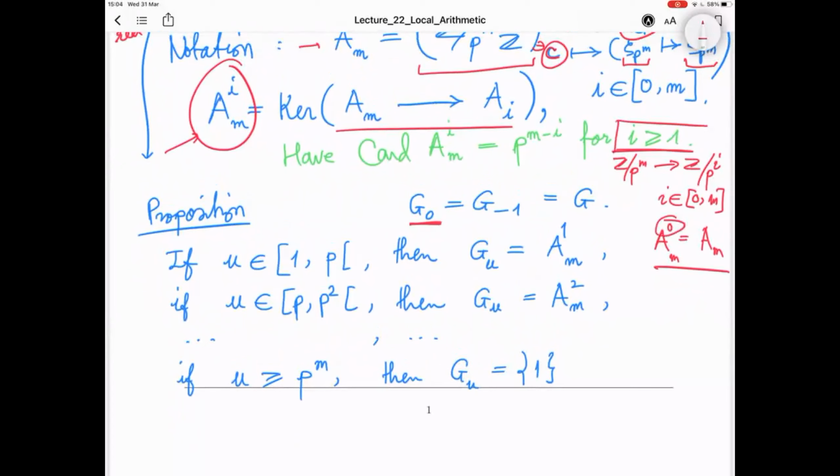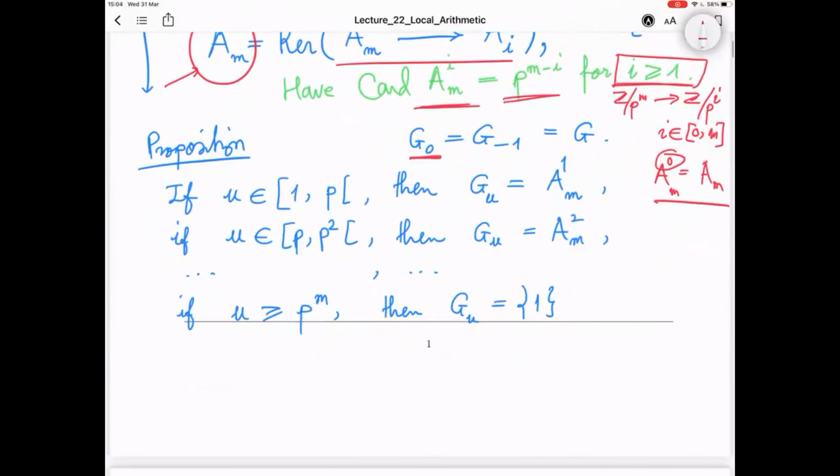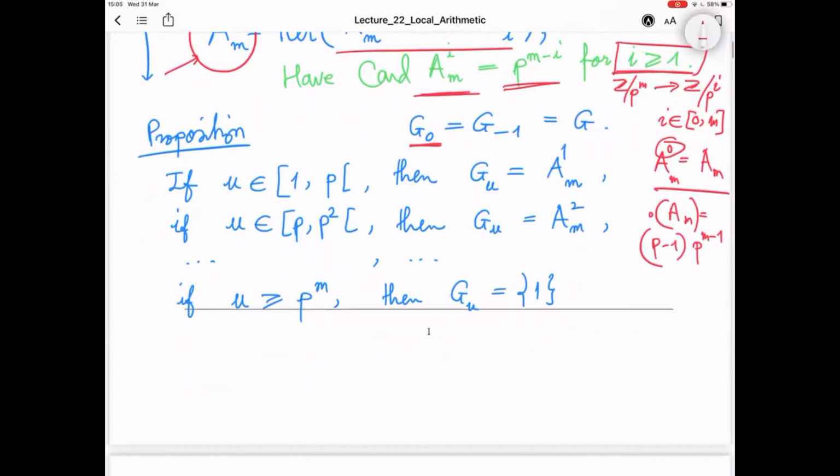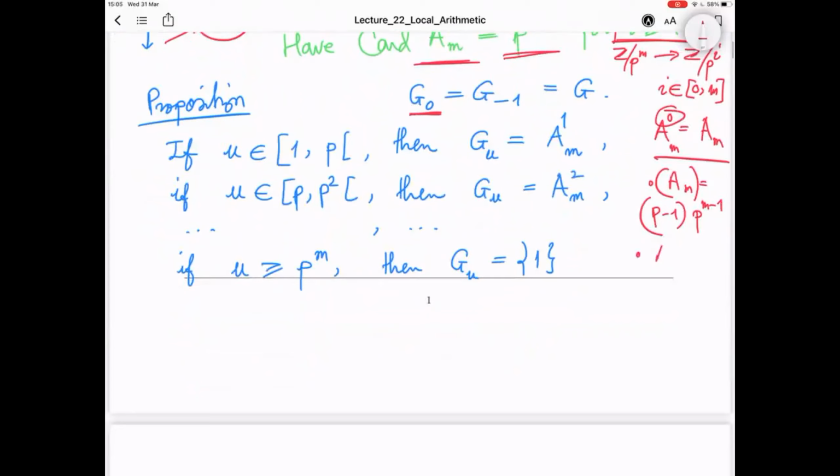But for i greater than or equal to 1, the number of elements in A_m^i is p^(m-i), because the number of elements in A_m is (p-1) times p^(m-1), and the order of A_i is (p-1) times p^(i-1).